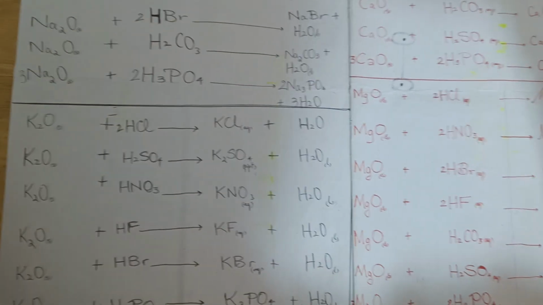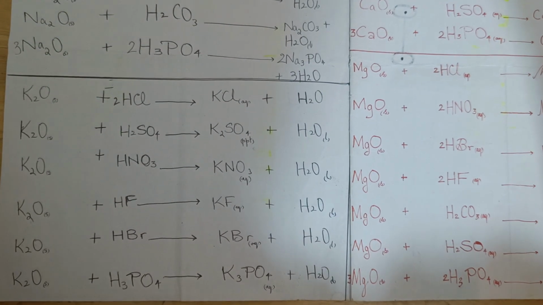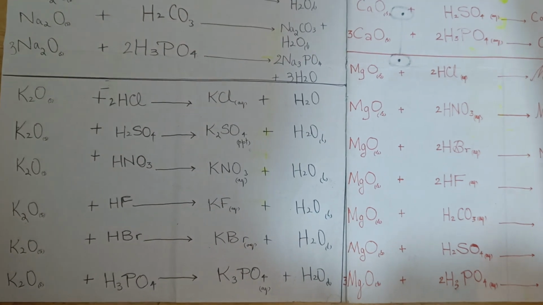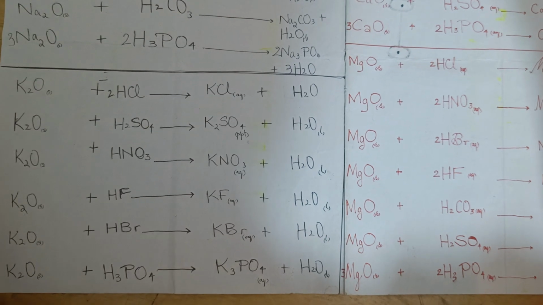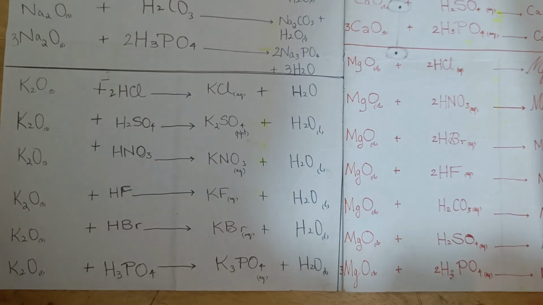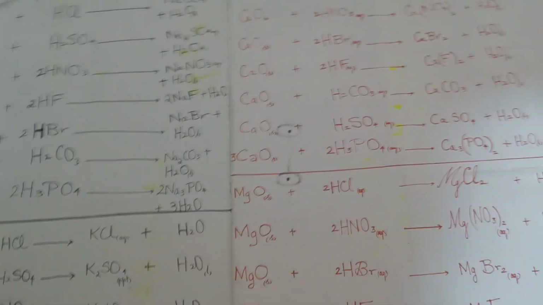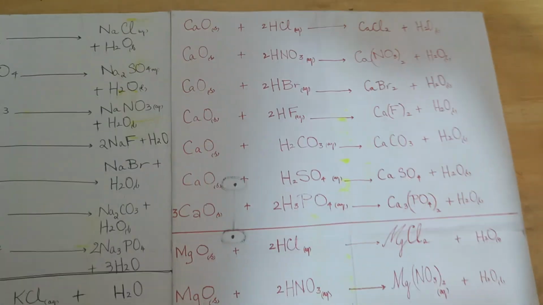I should have mentioned the carbonic acid reaction: potassium oxide reacts with carbonic acid, H2CO3, and gives you a weak solution of potassium carbonate, which is very soluble. It's almost negligible, not detectable.